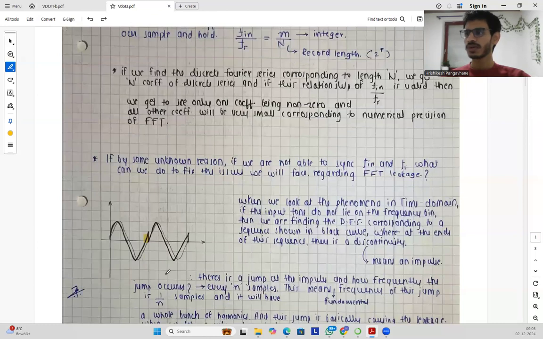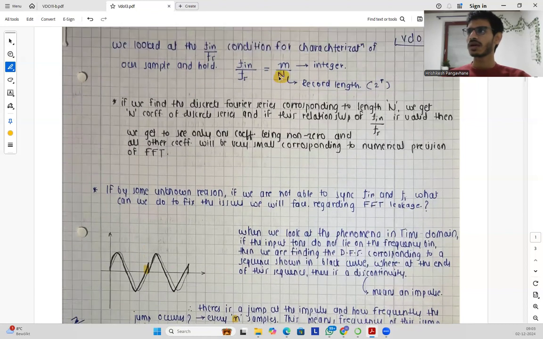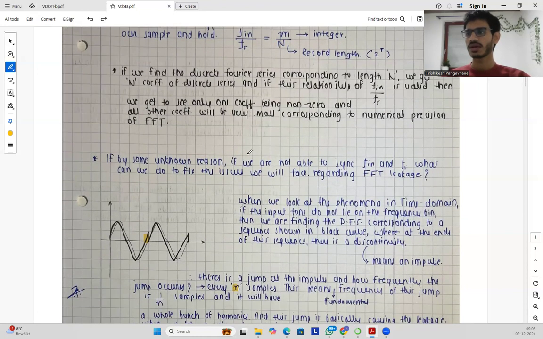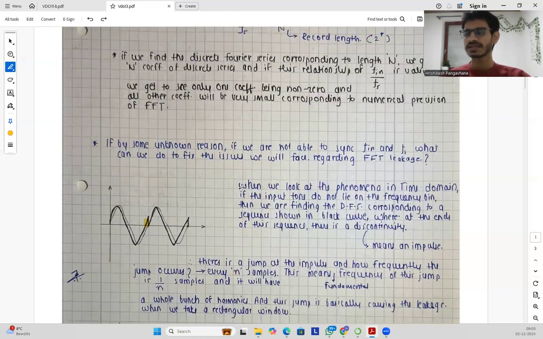There is a jump at the impulse, and how frequently the jump occurs is the question. After every n samples, where n corresponds to the record length, this jump occurs.